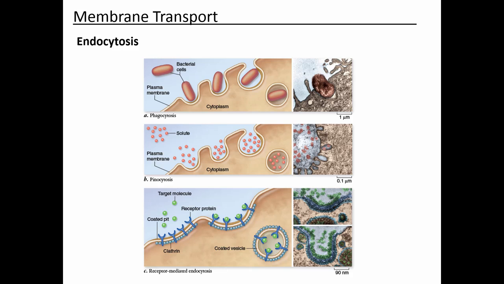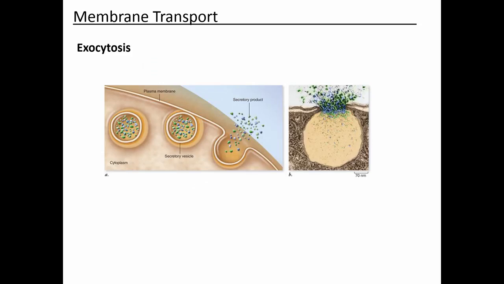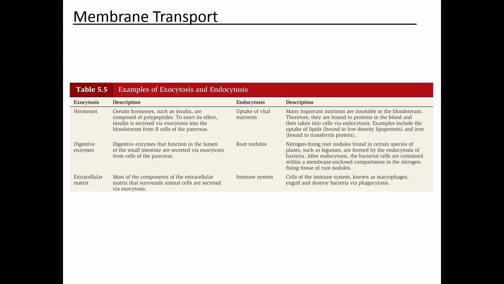So endocytosis can be a way that single-celled organisms actually eat. These are other examples of when endocytosis and exocytosis are used, both in animals and in certain cases plants. You don't need to be able to list any of these for an exam or quiz, but it's useful to know when these things actually take place.